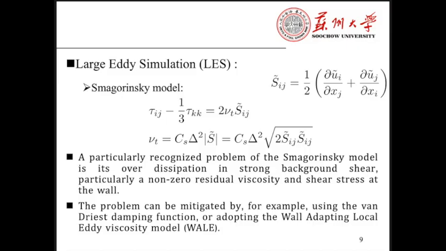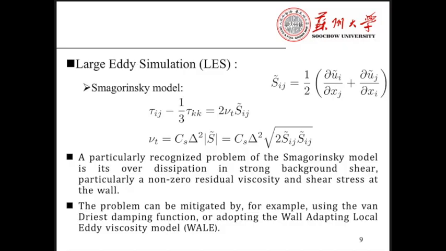A particularly recognized problem of the Smagorinsky model is its over-dissipation in a strong background shear, particularly a non-zero residual viscosity and shear stress near the wall.